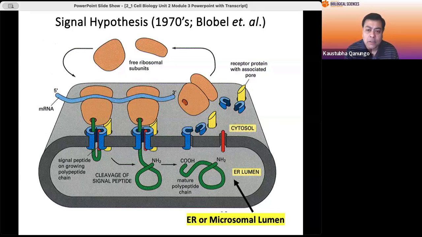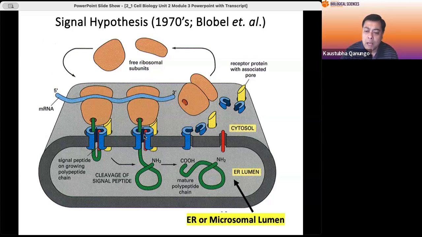But it was not discovered until the signal hypothesis was put forward by Gunther Blobel, who later won the Nobel Prize. And now we know it's no more a hypothesis, it's a proven fact that each protein does have a targeting sequence, which we call the signal sequence or targeting signal for the ER.